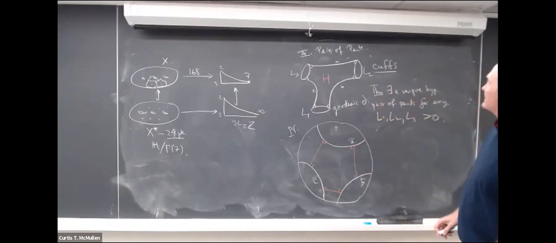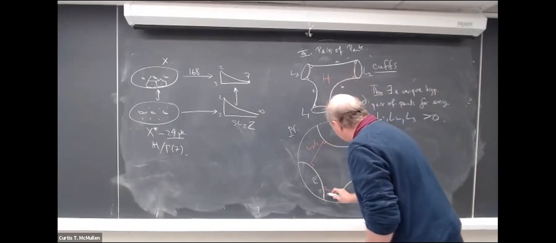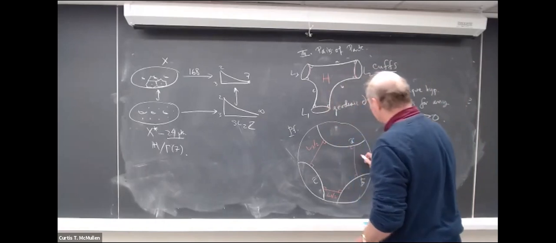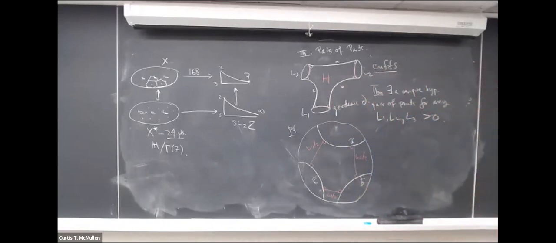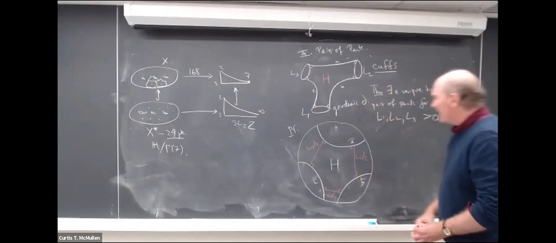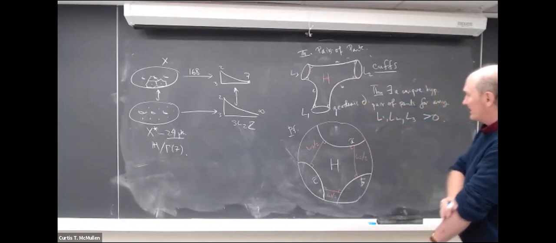And their lengths are, this is L3 over 2, this is L1 over 2, and this is L2 over 2. And here is my hyperbolic hexagon H, upstairs in hyperbolic space.